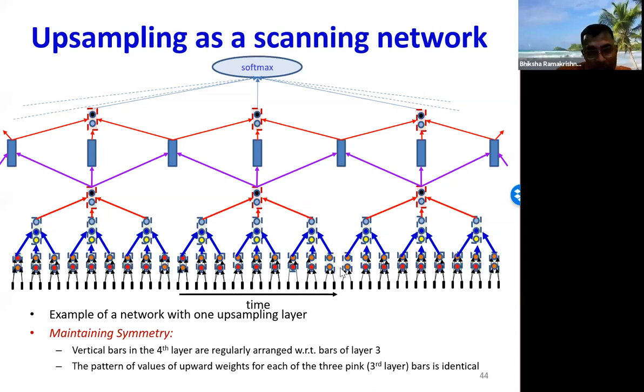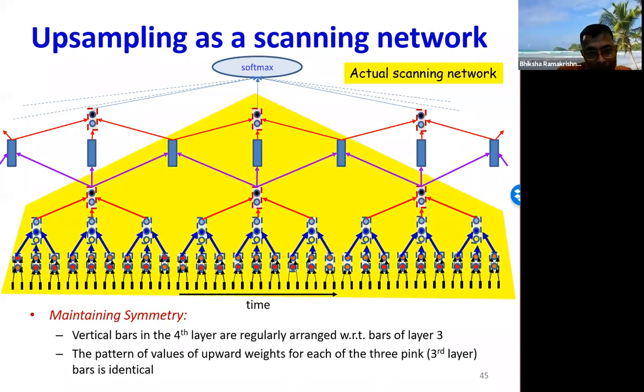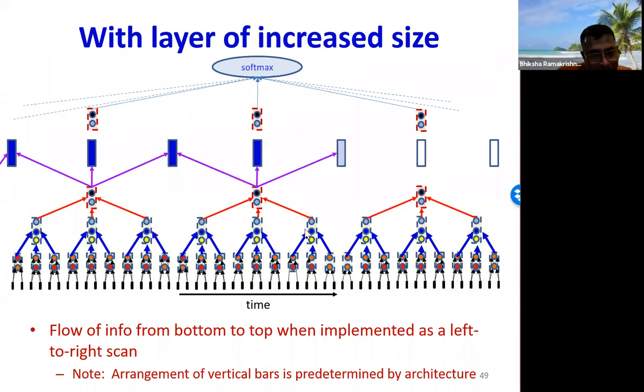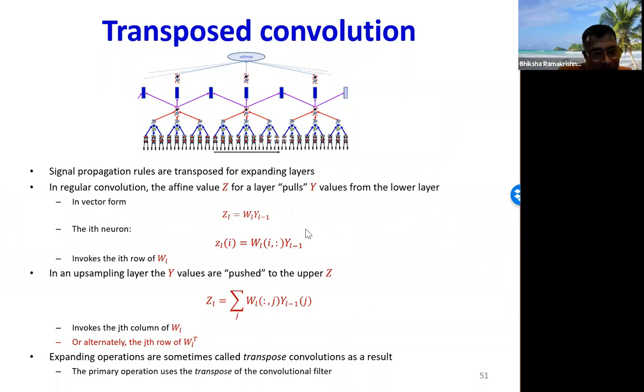But even with this upsampling layer, you can see that what you're really doing is scanning the entire input with this MLP. The yellow triangle shows the actual network that's scanning the input. Even with an upsampling layer, it's just an MLP scanning the input. Now I'm animating how the computations are performed in the upsampling layer.